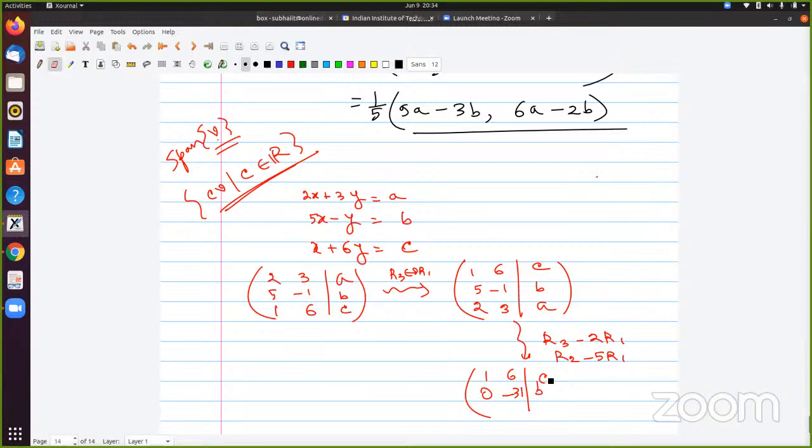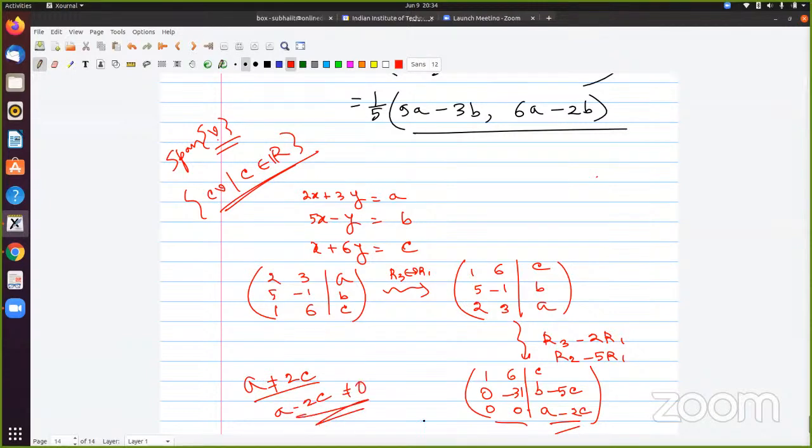B minus 5C, and this is 0, 3 minus 6. This is also 0, right? And this is A minus 2C, right? So if A is not equal to 2C, then A minus 2C is non-zero, right?